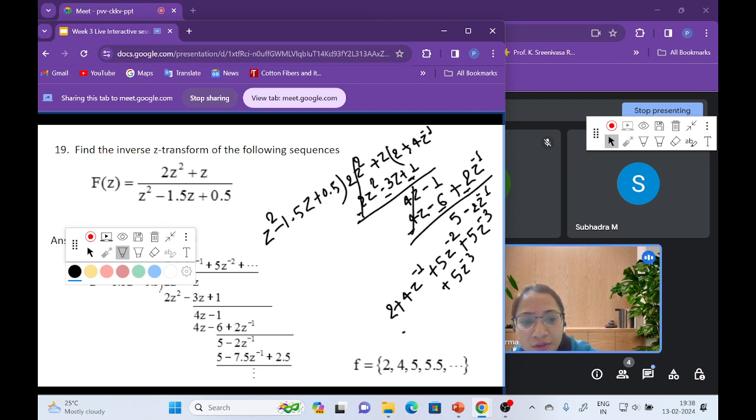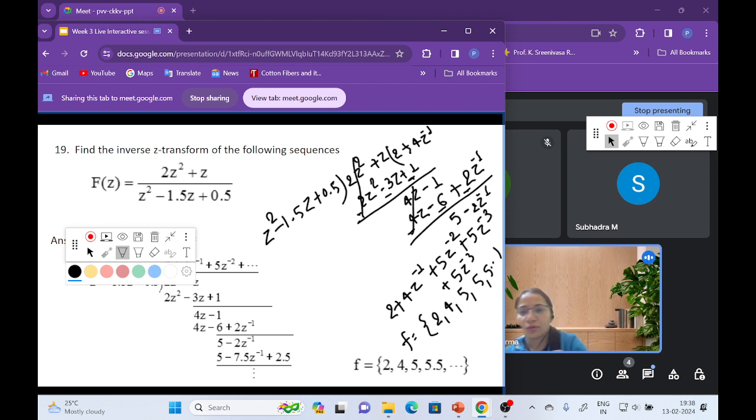So the sequence of this function is: at n equal to 0 the value is 2, at n equal to 1 the value is 4, at n equal to 2 the value is 5. It can be represented like this.